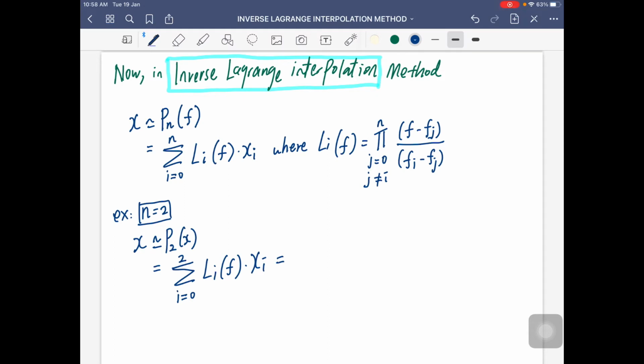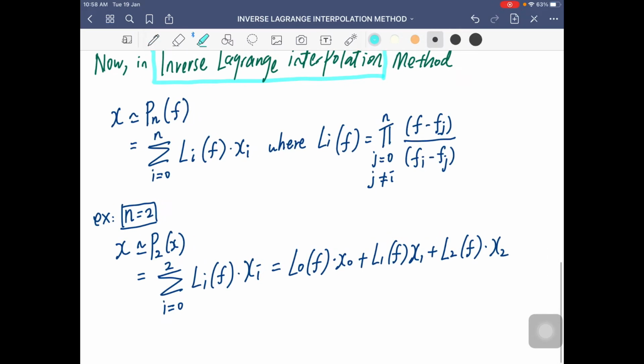This is equal to, if I open the summation, L0(f) times x0, plus L1(f) times x1, and then plus L2(f) times x2. Okay, so how to construct the first Lagrange term?